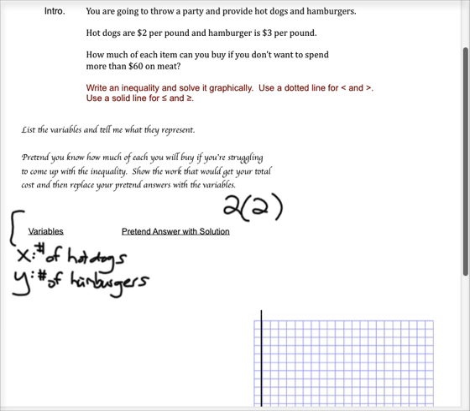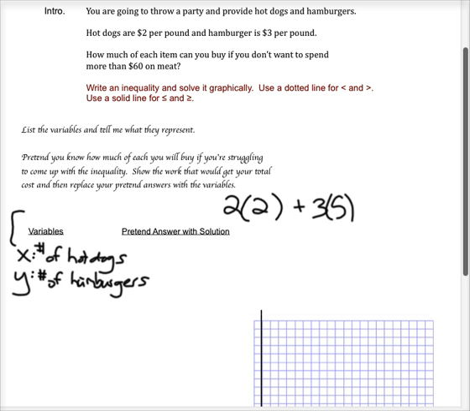So I'm going to spend $4, okay? $2 for each one. And then if I'm buying 5 hamburgers, well, I take the $3, and I'm paying that 5 times. So 3 times 5. All right, so how much am I spending? Well, $4 on the hot dogs, $15 on the hamburgers. So I'm spending a total of $19 as is.